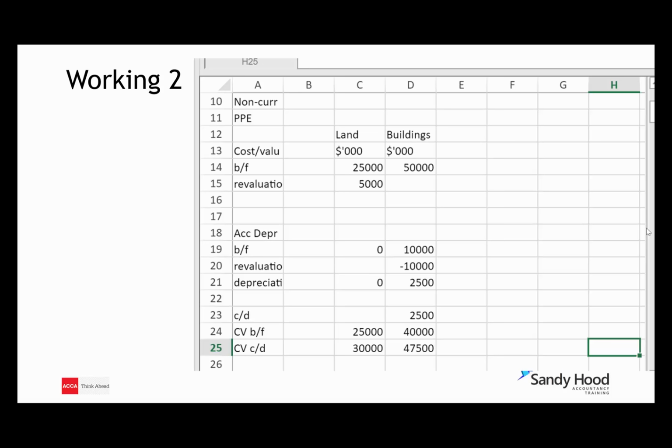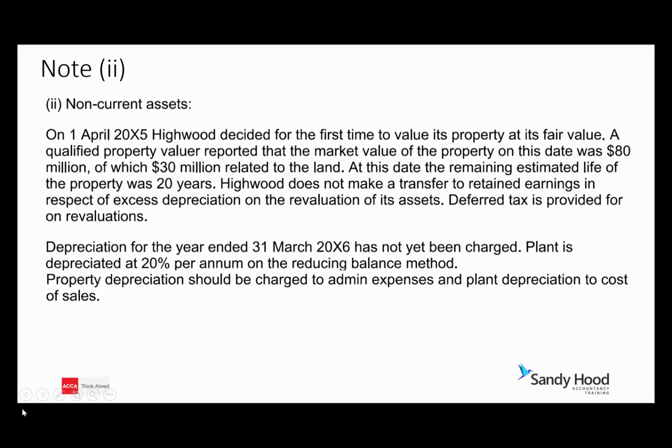And then during the year we've had both, but let's do the revaluation first. We know from the revaluation note that we've just looked at that the value of the buildings must be a total of 50,000.